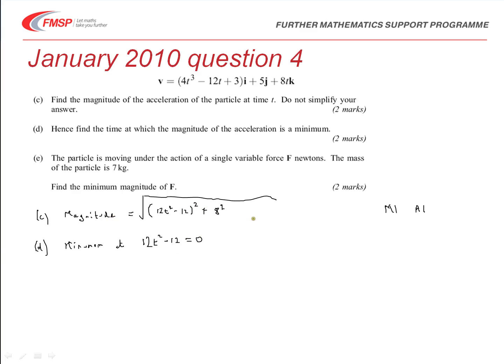And so, if we solve this equation, that tells us that t squared is equal to 1, and so t will equal 1.